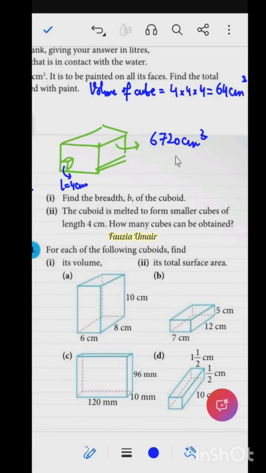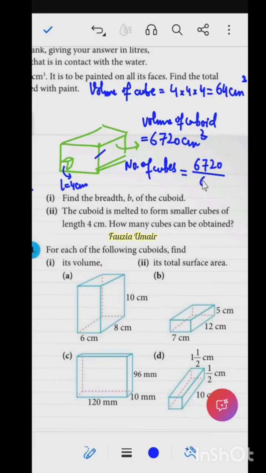And what is the volume of a cuboid? 6720, ये आपका क्यूबॉइड का वॉल्यूम है. नाउ द नंबर ऑफ क्यूब्स, आपको कितने क्यूब्स मिलेंगे जब आप इस बिगर वॉल्यूम जो कि है 6720 को 64 से डिवाइड कर देंगे, तब आपको पता चलेगा कि इसके कितने क्यूब्स बनते हैं.